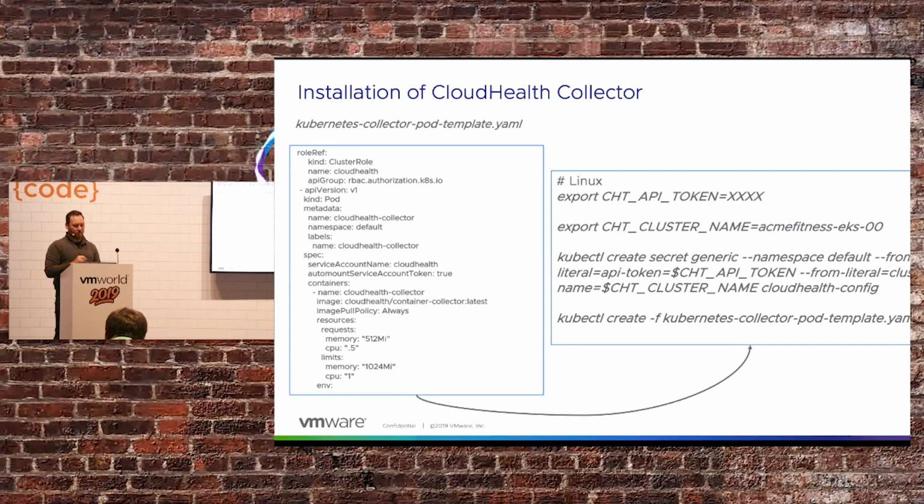All right. So the CloudHealth Collector we talked about a little bit previously. Like everything else in Kubernetes, this is a YAML manifest that we deploy down. You can deploy it manually yourself, or the CloudHealth product has a trigger where you can download the file and inject it into the cluster that way. It's up to you.